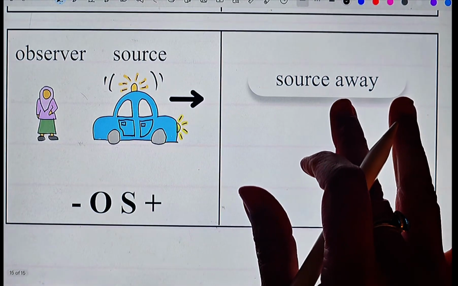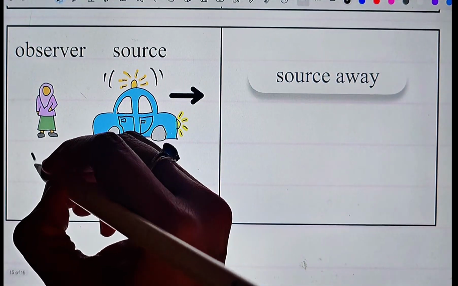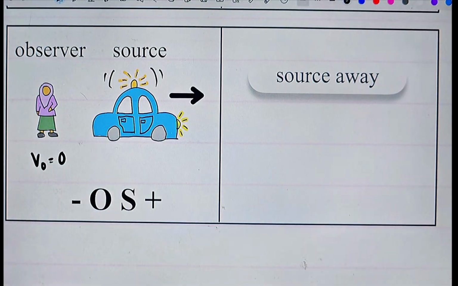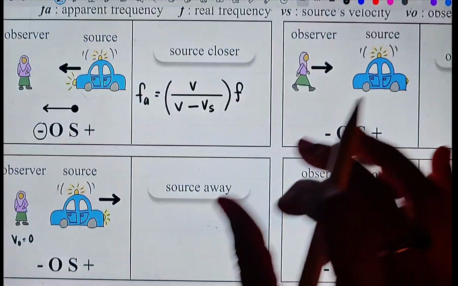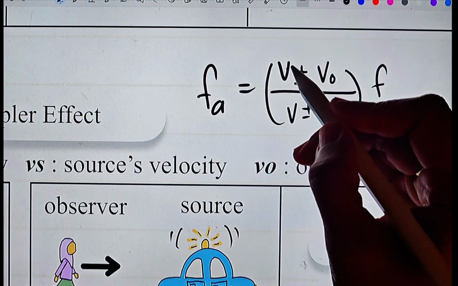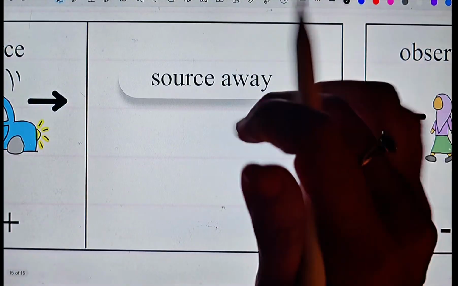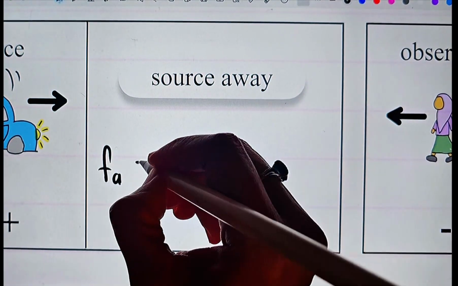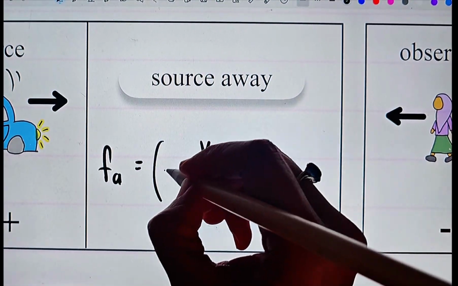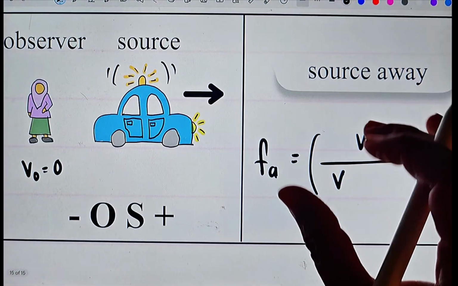Next we go to when the source is moving away. Again, the V observer equals 0. So I'm not going to do anything, because based on here, if the VO is 0, I'm just going to leave the V at the top alone. So apparent frequency equals V over V. I don't know whether it is plus or minus yet.